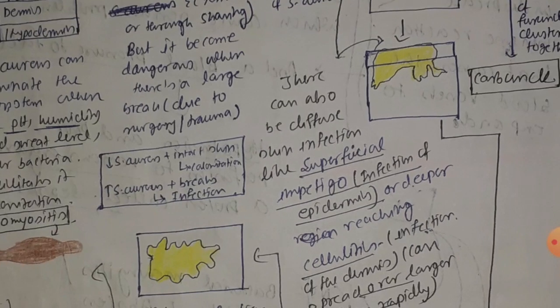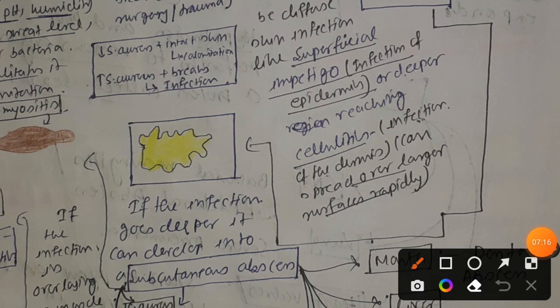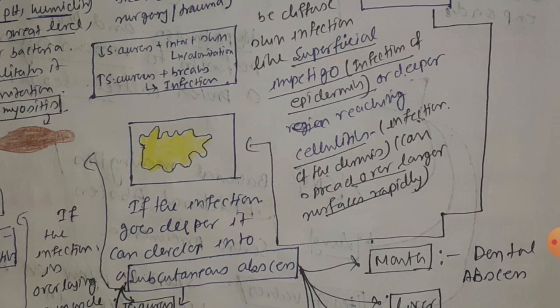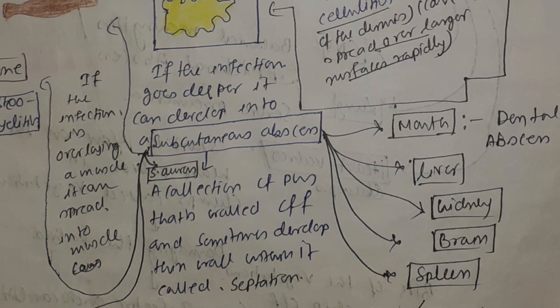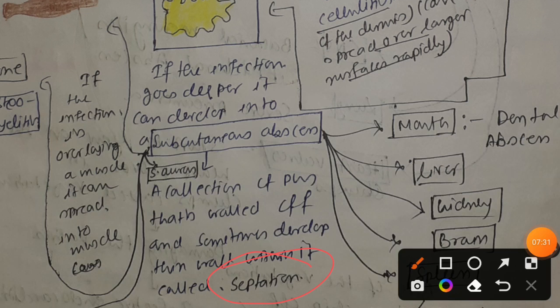And now from that part, when the infection reaches deeper, it can develop a subcutaneous abscess, which is the collection of pus that is walled up or develops a thin wall within it, a process called septation.